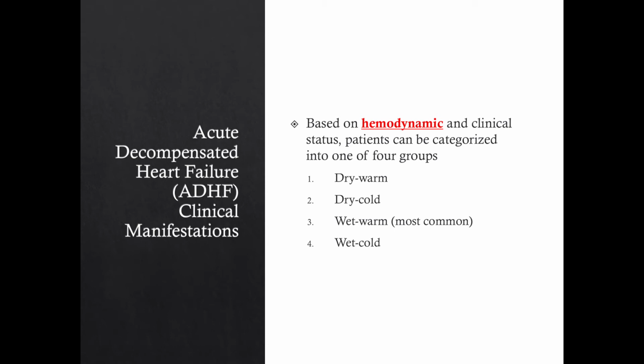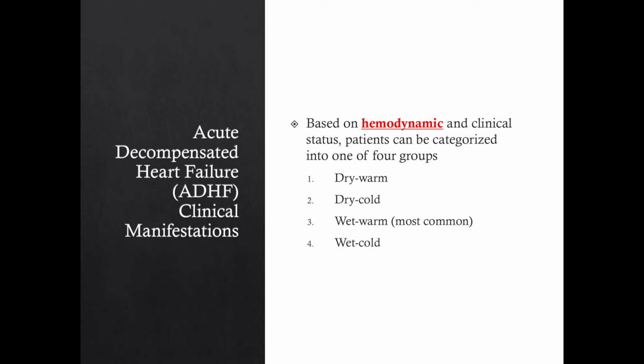When you think about dry warm, dry cold, or the most common ones, wet warm or wet cold, we're thinking about hemodynamics. Clinically, are they hemodynamically stable or unstable? And it makes a huge difference, right? A patient that is quote unquote wet is due to volume overload, so we need to think about congestion and dyspnea, shortness of breath, right?